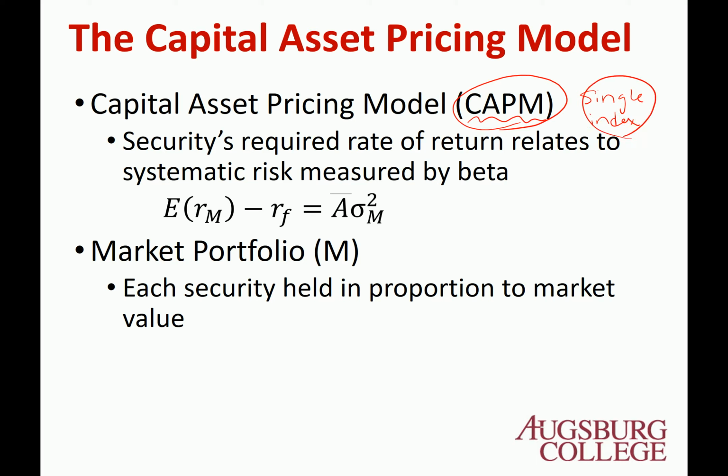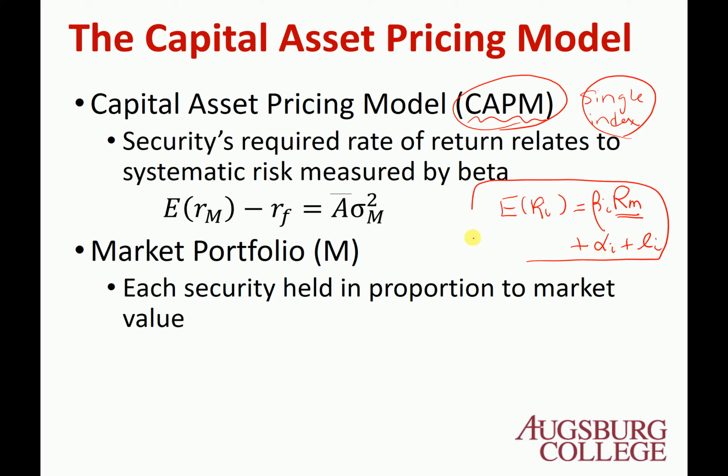The single index model, we learned this model in chapter 6, shows that the expected risk premium of a certain stock equals a factor times the market risk premium, plus alpha, plus an error term, right?